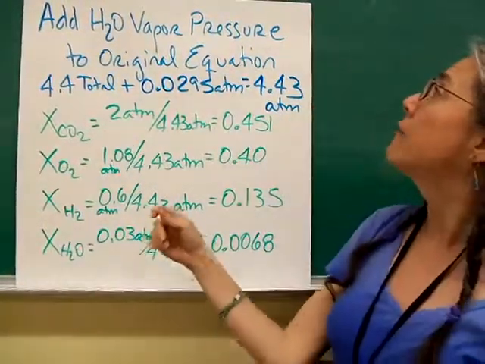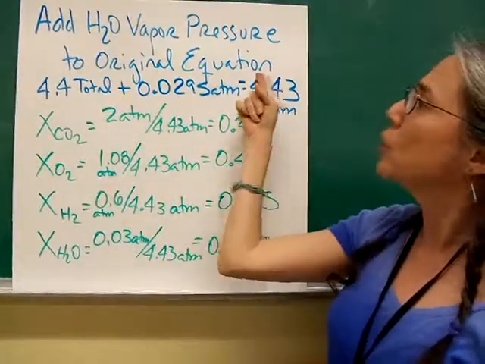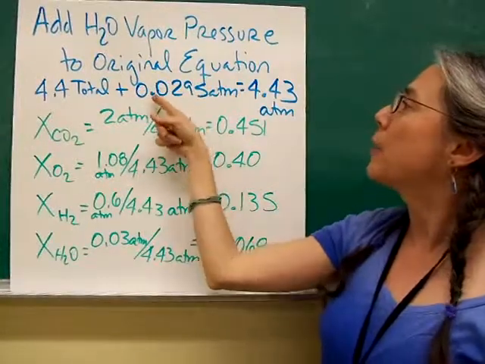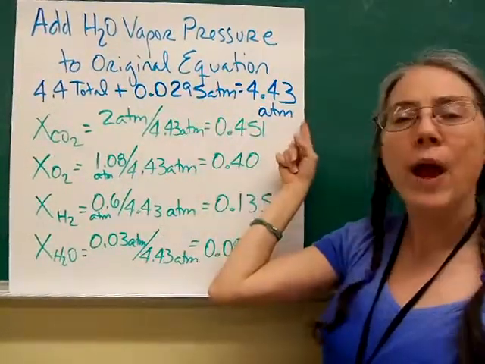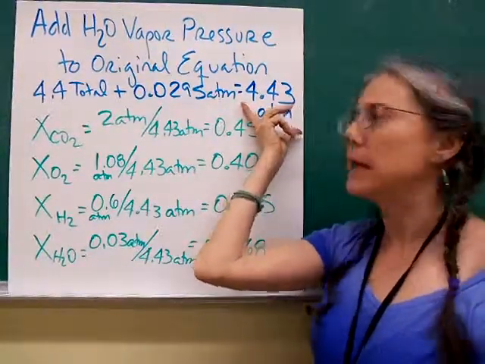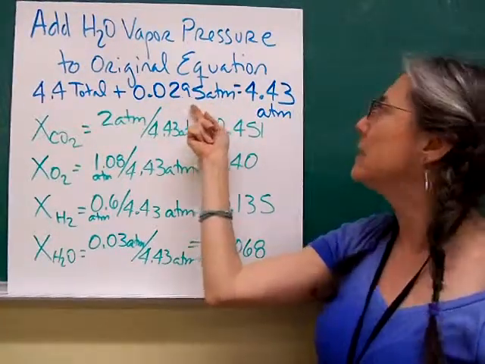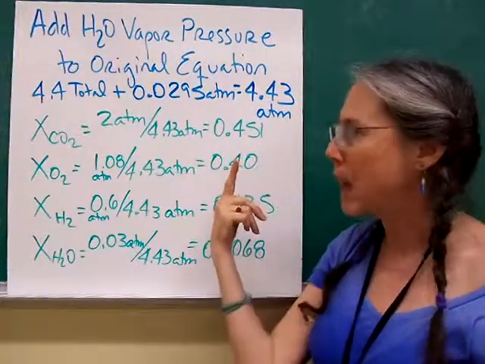And so we're adding our water vapor pressure to that original equation. So our original total was 4.4. We add our 0.0295 atmospheres, rounded up. I actually rounded this properly because there are 3 significant digits here, so I kept 3 significant digits there, so it's all happy.